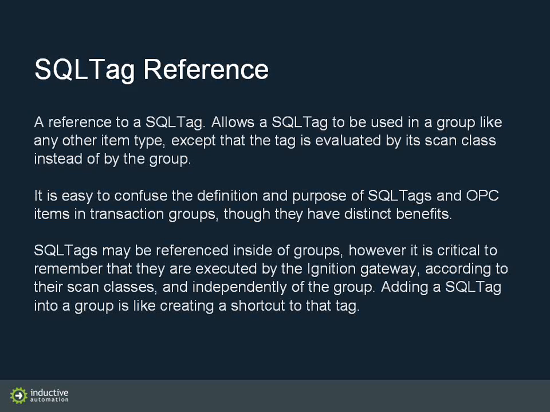It's like a shortcut to the tag, and the address of that tag can be whatever you like in the SQL tag database, and can be changed on the fly, not having to edit the actual group. So there are pros and cons, but definitely if you're new to groups, you want to use the OPC items, and it's very easy to confuse or use the wrong ones when you're configuring your group. And we'll see that in a second here as well.